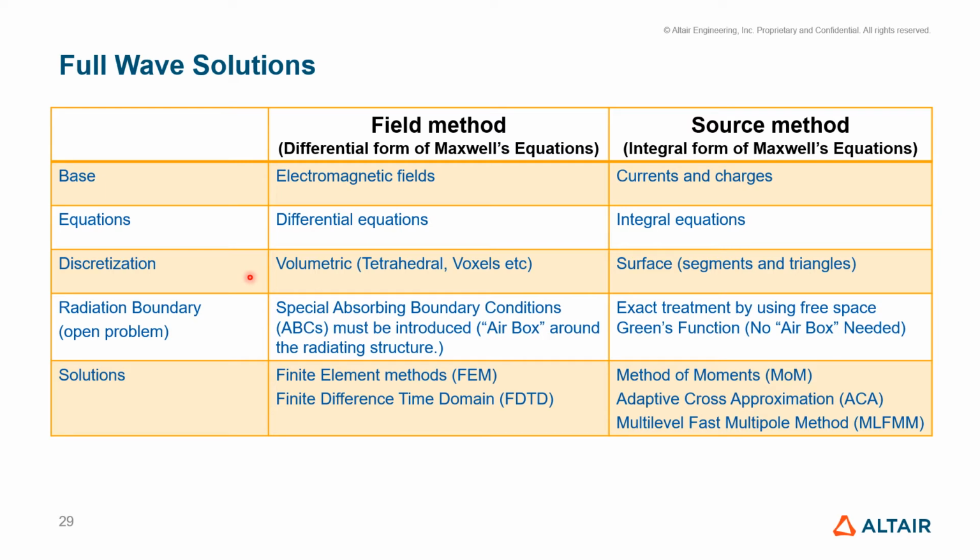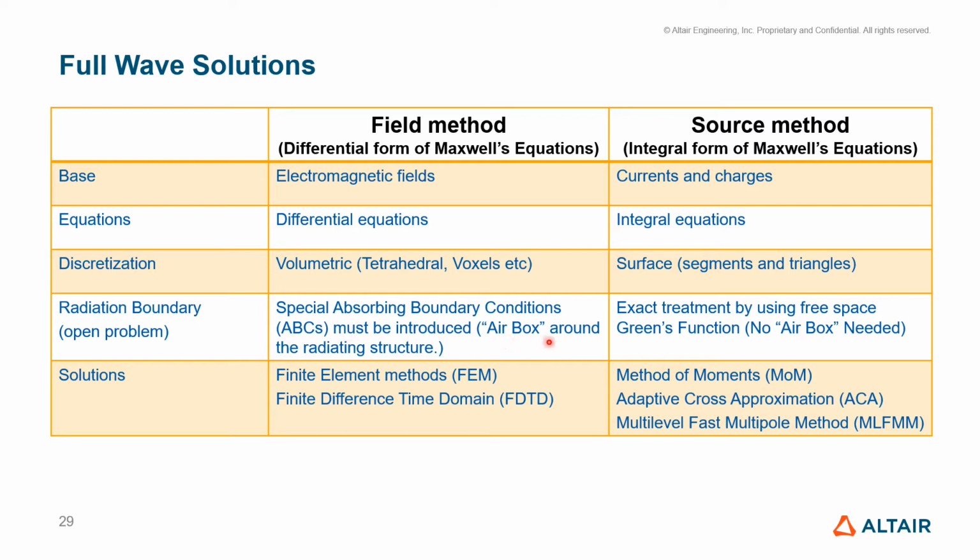When it comes to discretization, that is meshing, field method will be volumetric, like tetrahedral elements or voxels, whereas in the source method, it's a surface discretization, that is segments and triangles. When it comes to radiation boundary in the open problem, that is when something is radiating into an open space, we would need special absorbing boundary conditions, commonly referred to as ABCs, in this form of solution because they don't inherently include the radiation boundary into the formulation.